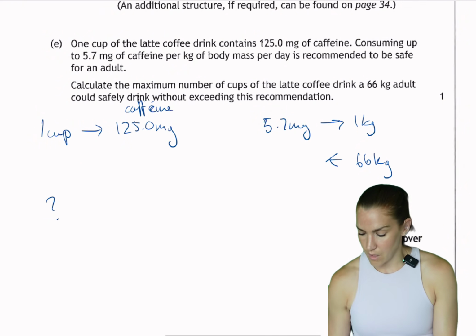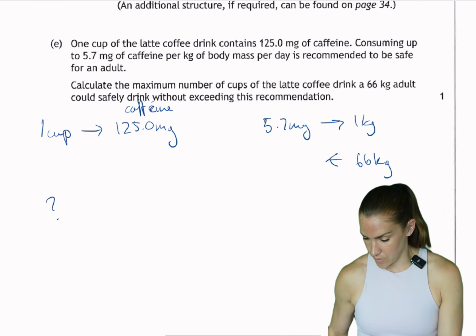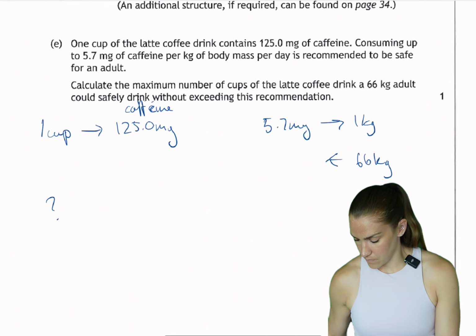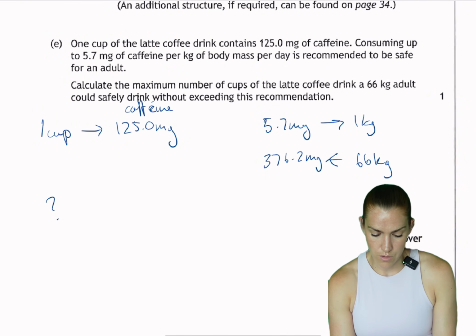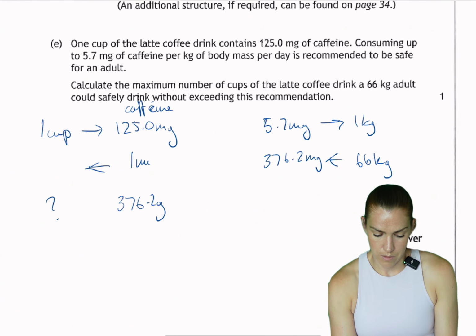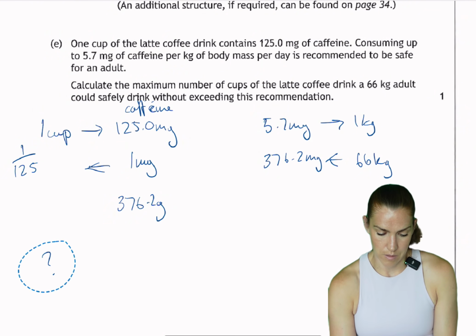So that means we can work out how many milligrams that person can drink. So we would do 5.7 times 66, and that's 376.2 milligrams. So then we've got milligrams of caffeine over here, so we can swap it over. If we scale to 1 milligram, that would be 1 cup over 125, and then we multiply up to the amount we need.